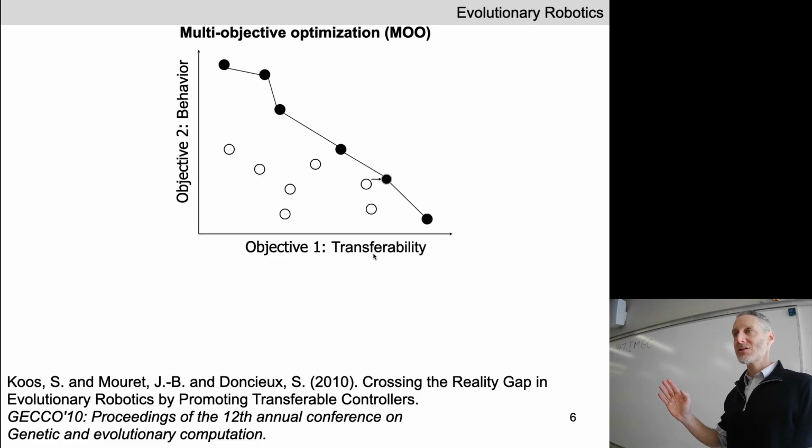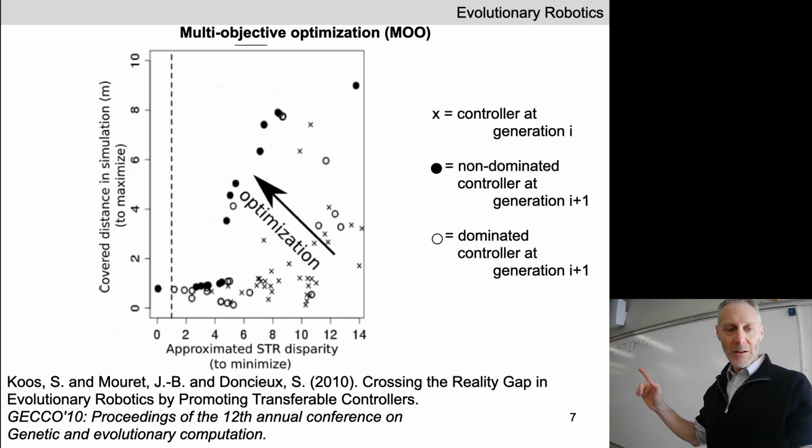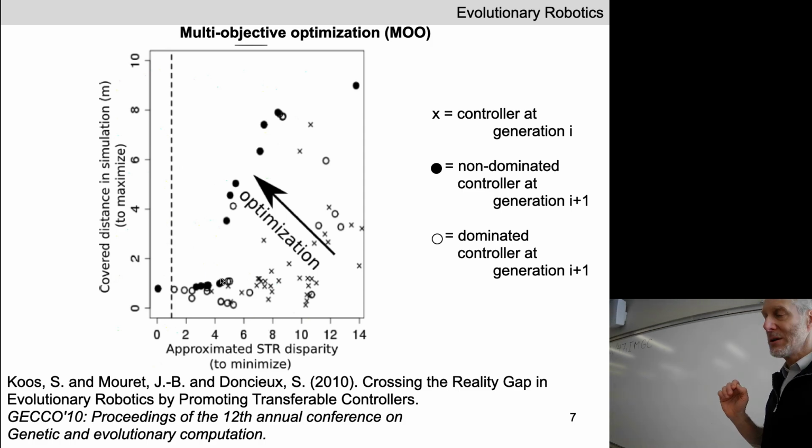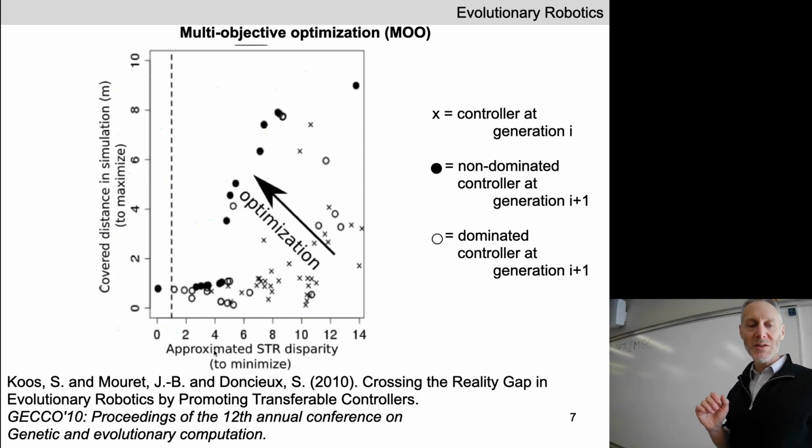Okay, a few other problems we have to solve, which is how do you know how transferable a controller is before you transfer it to reality? Here's a big hint down here. What you're looking at is some actual data from the Transferability project where they're approximating simulation to reality disparity.